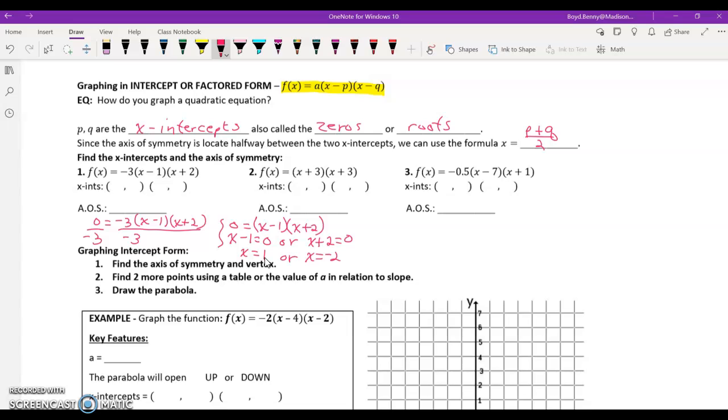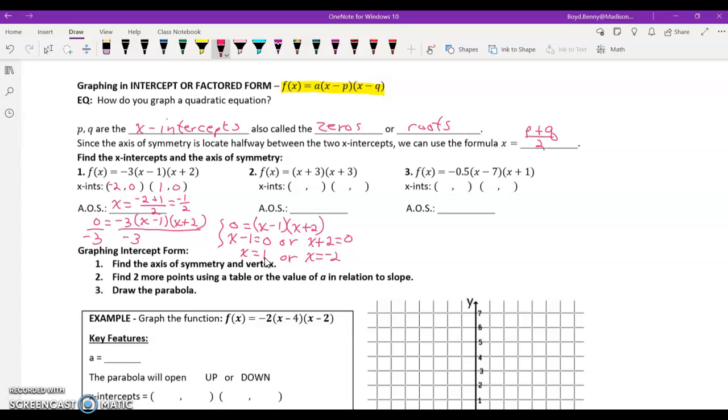So my x-intercepts are negative 2, 0, and 1, 0. To find my axis of symmetry, I'll add the two intercepts together, negative 2 plus 1, then I'll divide by 2. So negative 2 plus 1 would be negative 1 divided by 2. Therefore, my axis of symmetry is x equals negative 1/2. Okay?